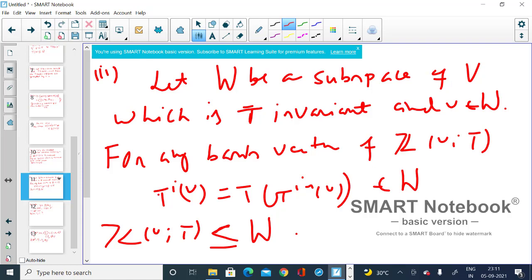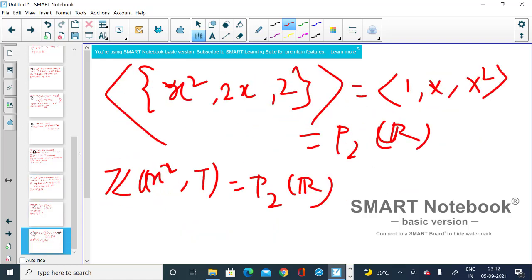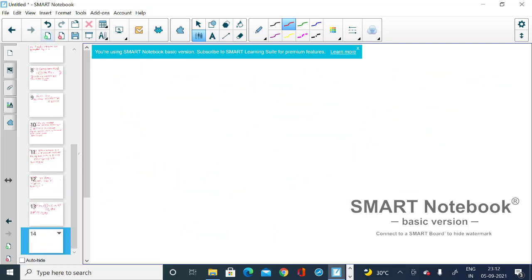Maybe let me write down that when Z(v; T) can be the 0 space also. For example, if you start with the 0 vector, then it will be 0. Now if you start with a non-zero vector, then it is always non-empty, but it can be a proper subspace or the full space.